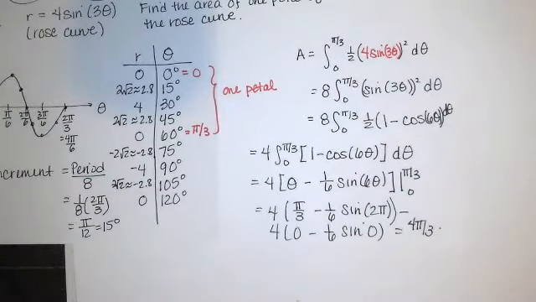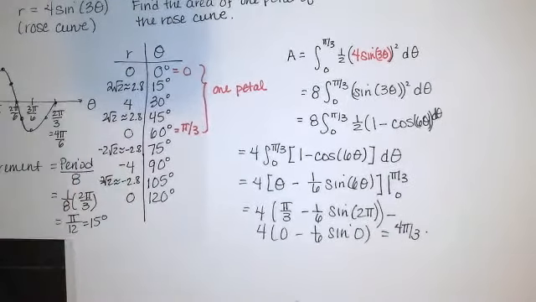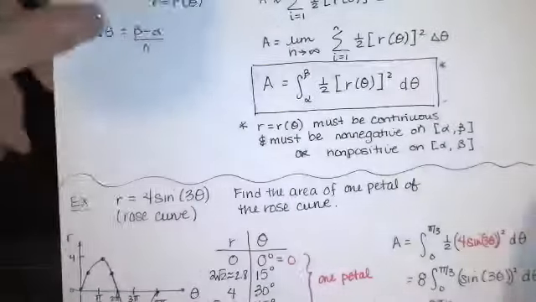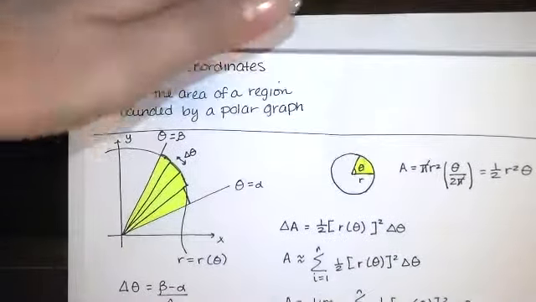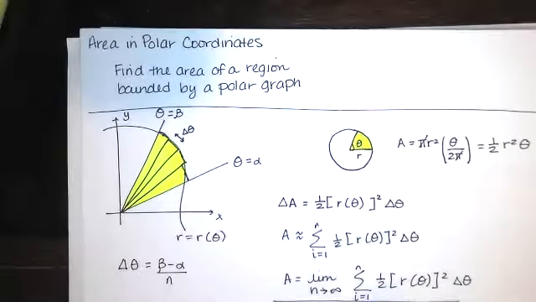And that's it. Okay, so that's the area of one petal. Now in the next video, we'll look at the area between two polar graphs, which is a little bit more involved.